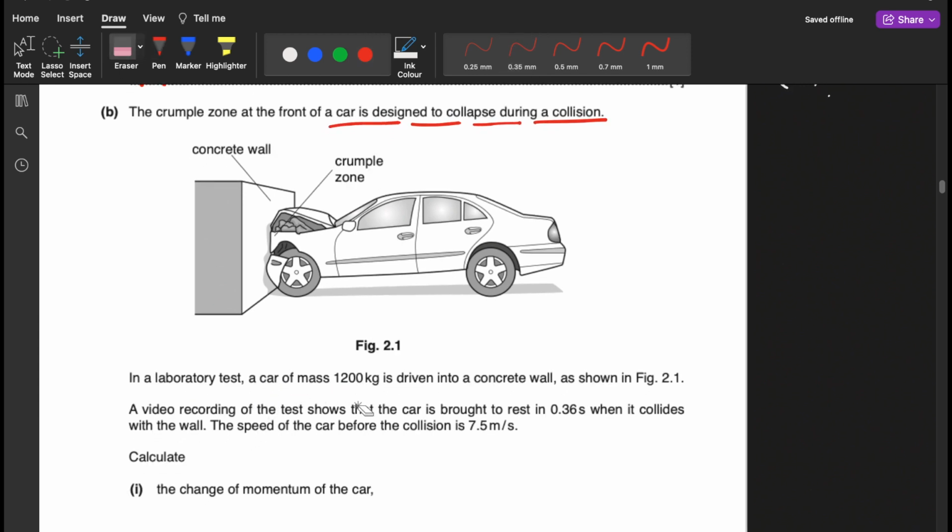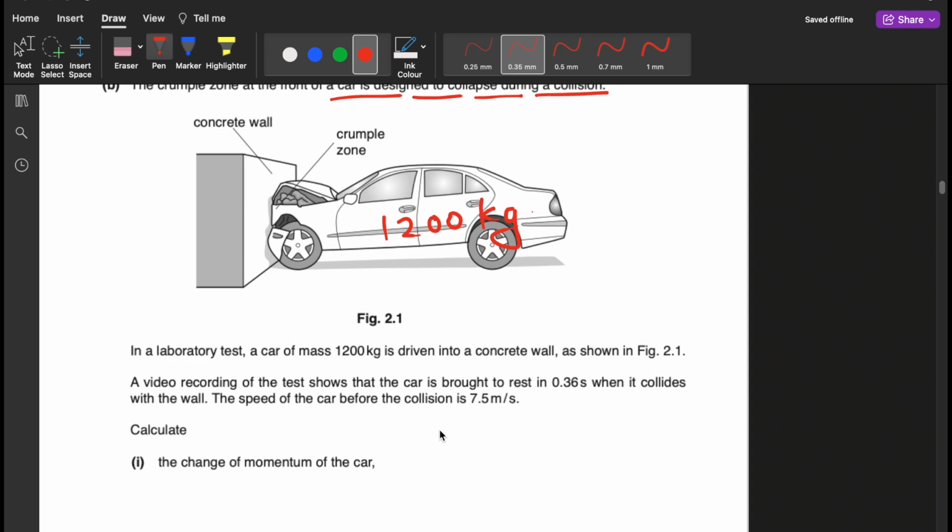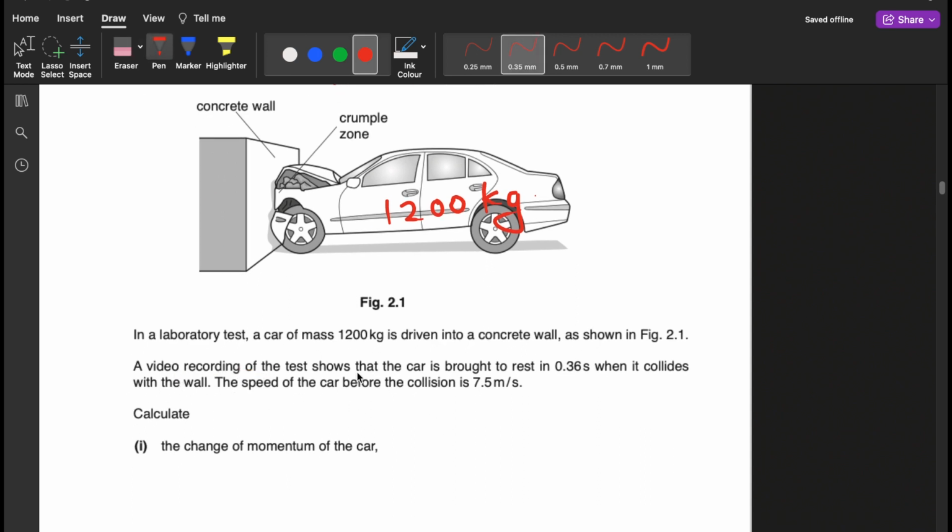In the laboratory test, the car having a mass of this much is driven into a concrete wall. The video is recorded for the test, and the car is brought to rest in this much time. So it is colliding, and it will take that much time to come to rest.